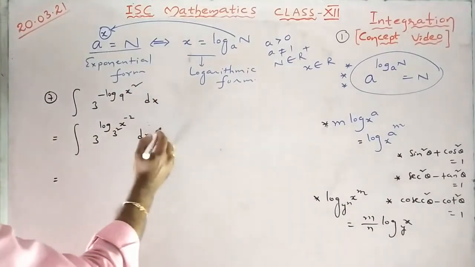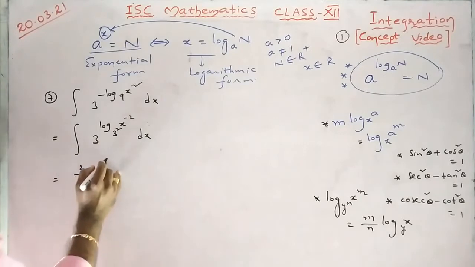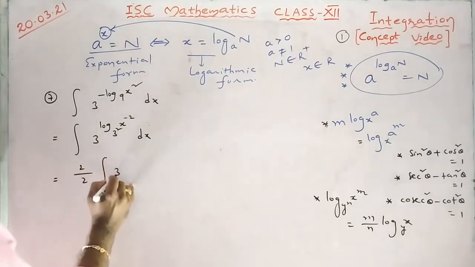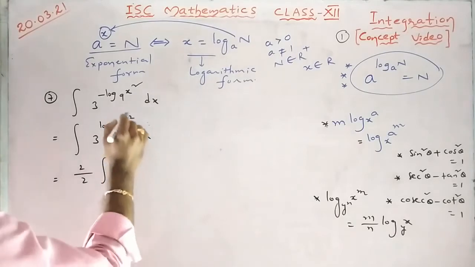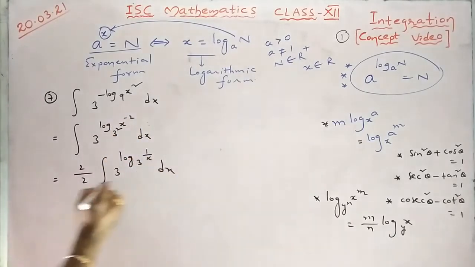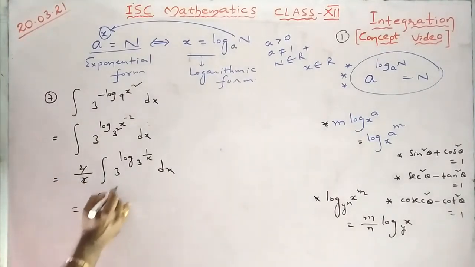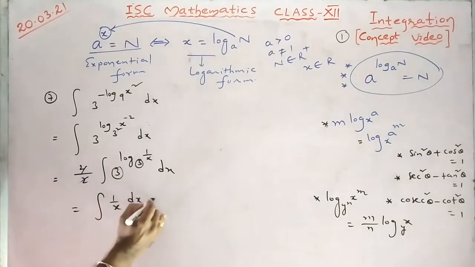So here power is 2, base power is 2. So integral I can write 3 power log x power minus 1 will be there, so 1 by x to the base 3 dx. 2 gets cancelled. Integral 3 same, I can write 1 by x dx.